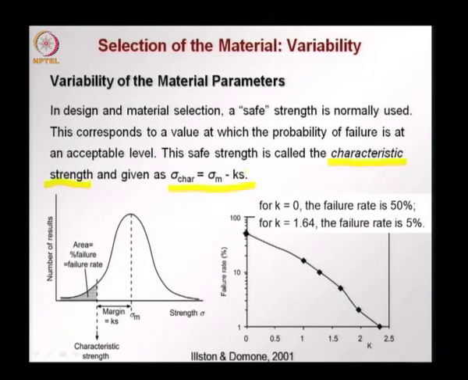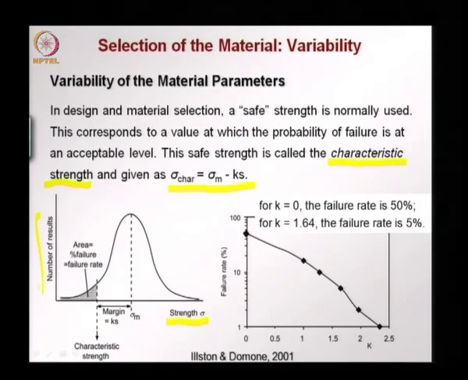And we can understand this better when we look at the figure on the left, which is again giving us the strength of material tested, several specimens tested, number of results obtained, and we have the bell shaped distribution that we saw before.